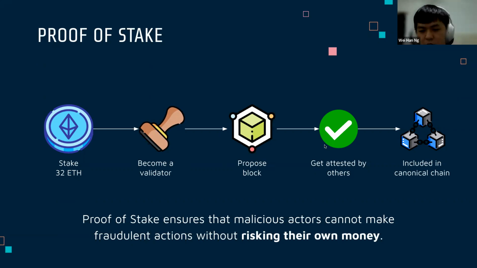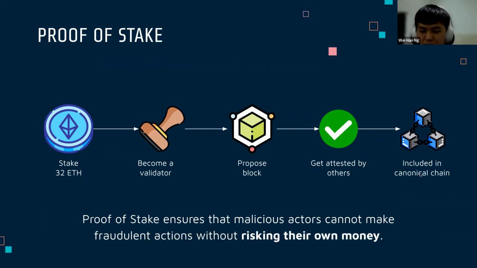Attested by others means that the other validators will check, is this block valid, is this block legit? If the majority of the validators think that this is legit, then they pass your block, then it will get included in the canonical chain, meaning the main chain, right?